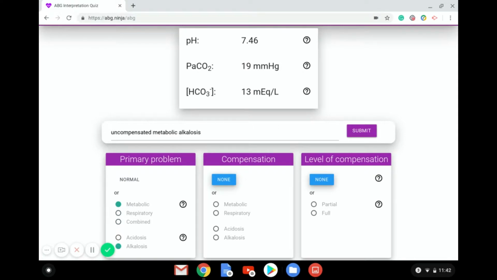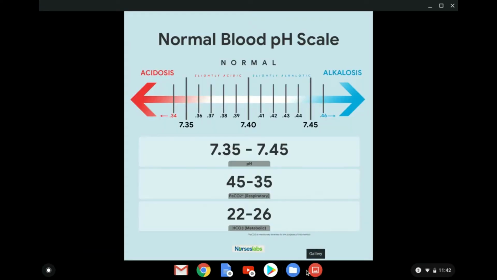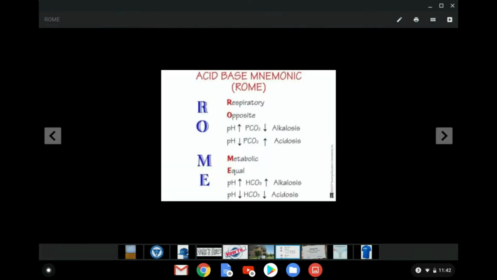Now we have to figure out whether it's metabolically caused or respiratorily caused. In order to figure this out, we need a little bit more information. This takes us to something very useful that we call ROME. ROME stands for respiratory opposite, metabolic equal. When we're talking about opposite and equal, what we're really talking about is the direction of an arrow that we would put, whether it's high or low.